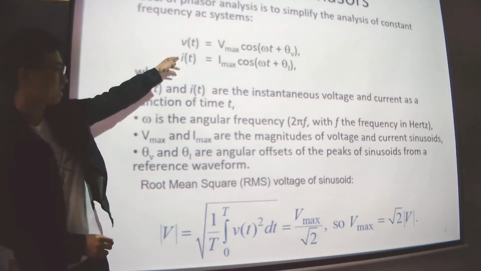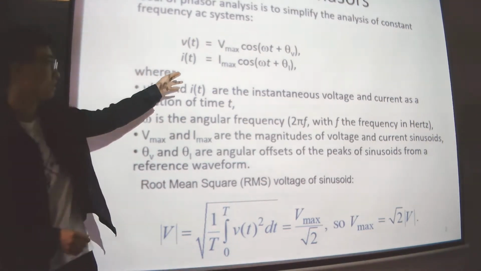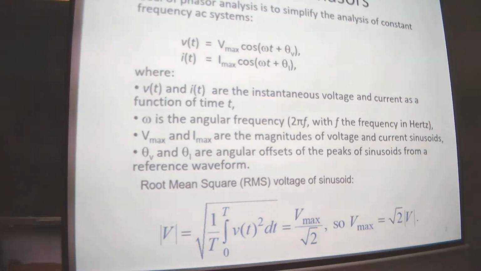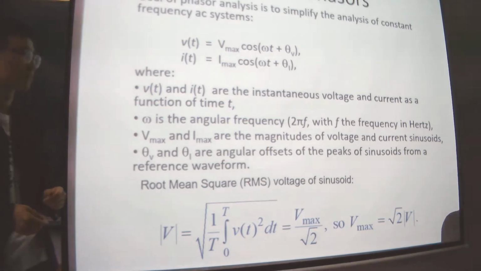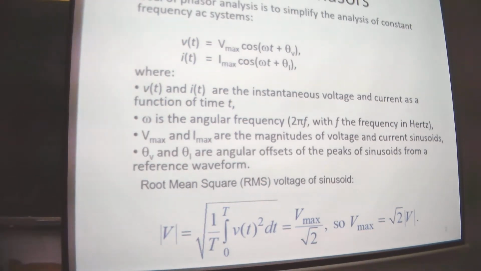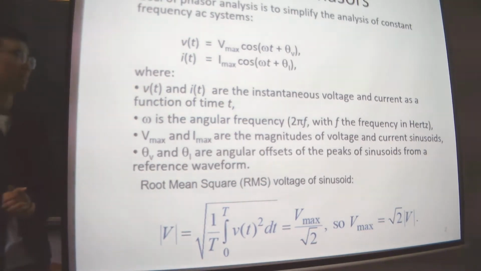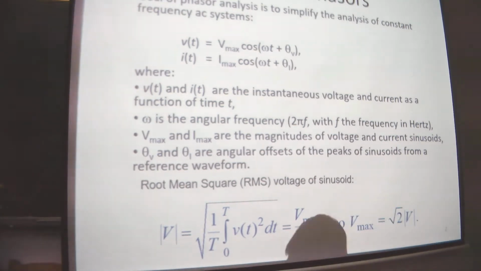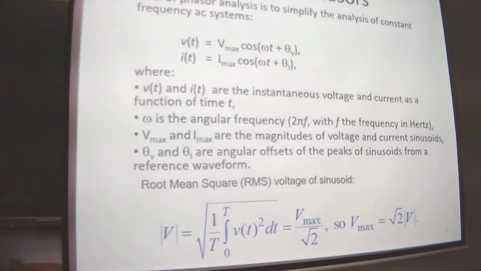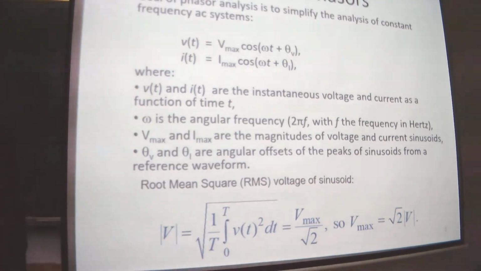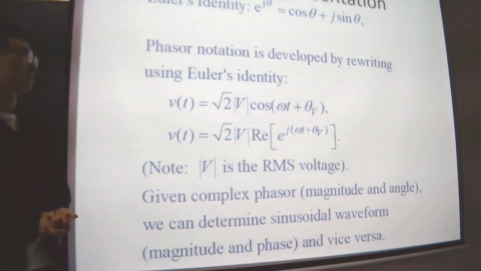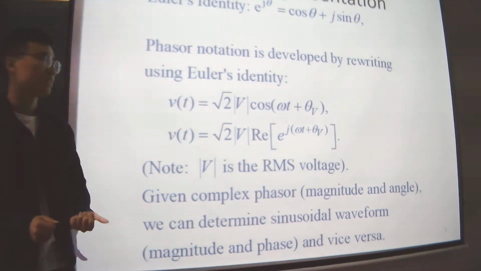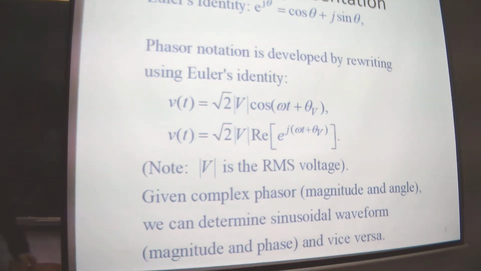The time domain method is designed for analyzing the transient state, right? And the phasor representation is used for analyzing the steady state.